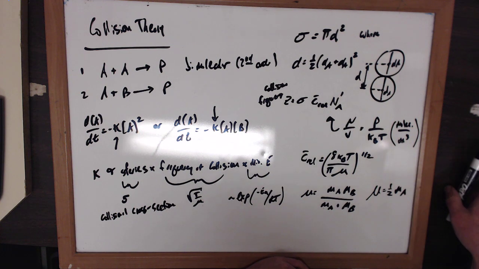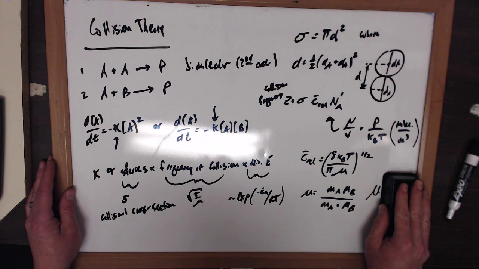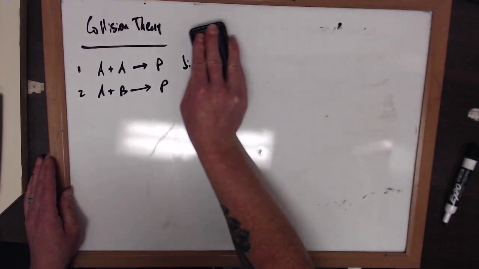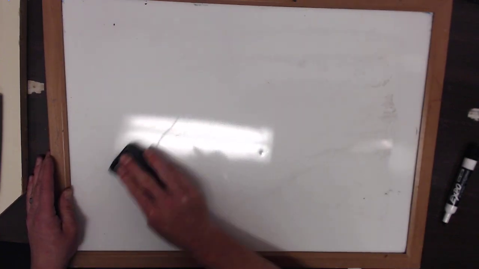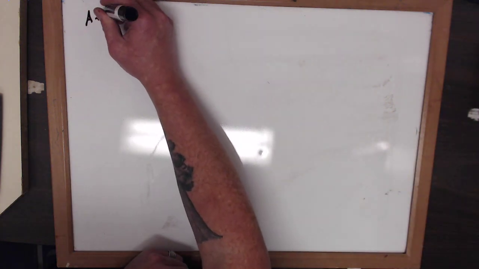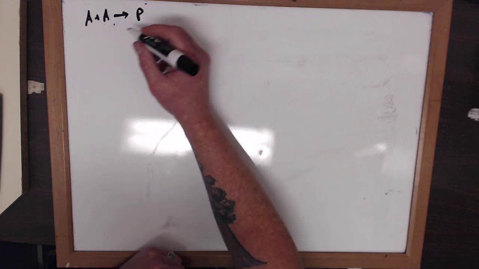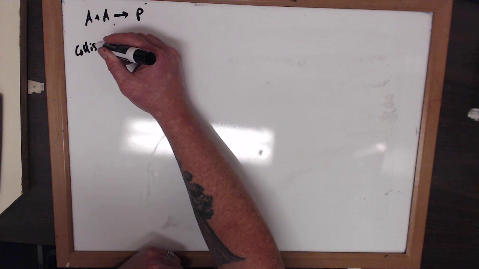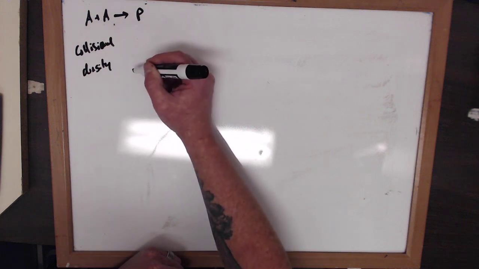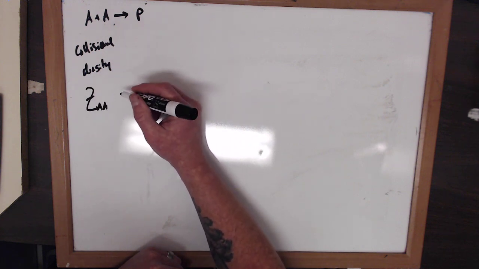Okay? So I'm going to free up some space here. So let's see, we'll get rid of all this stuff and we'll just get a fresh space here. So, okay, for A plus A to go to products, we can now write the collisional density. So in other words, the number of collisions that are happening per unit volume as capital Z, and I'm going to write that as capital Z AA.